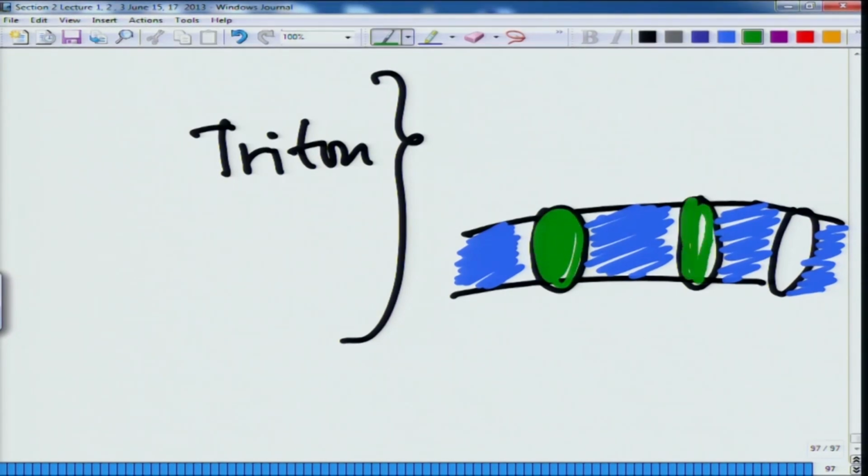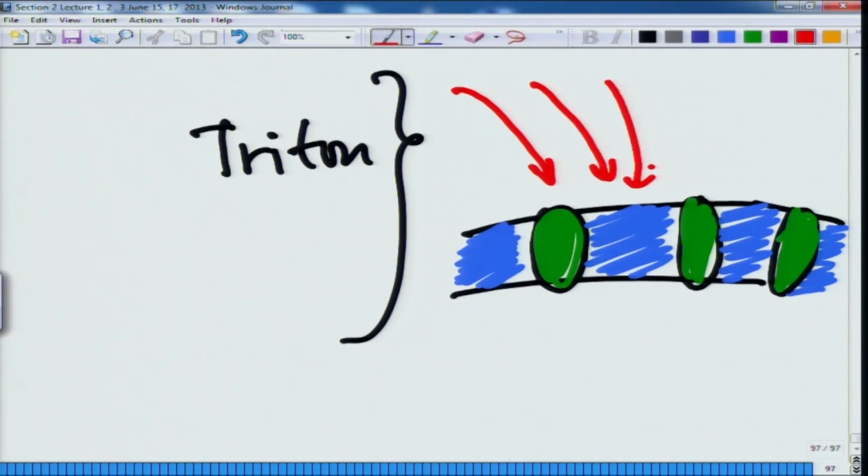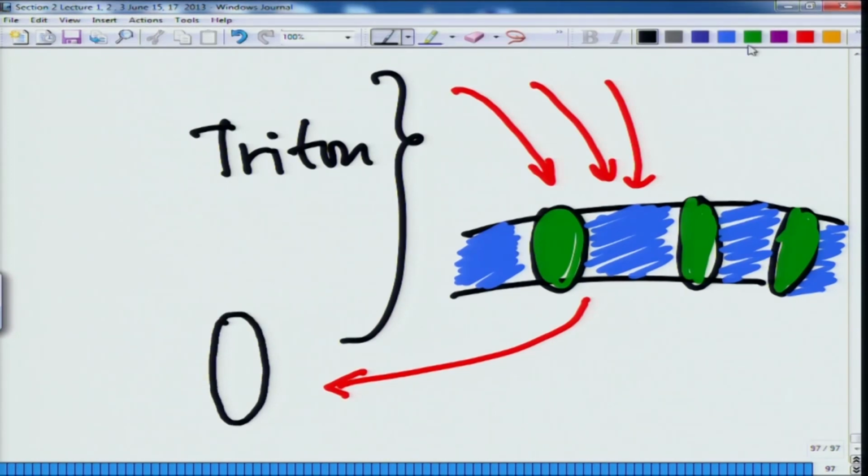spanning across the membrane. So what we do is add a detergent, say Triton. What the detergent does is something very interesting. Depending on the concentration of the detergent, you get this membrane protein, let me shade it in green the way it is, and on top of that you have a small layering of lipids around it.